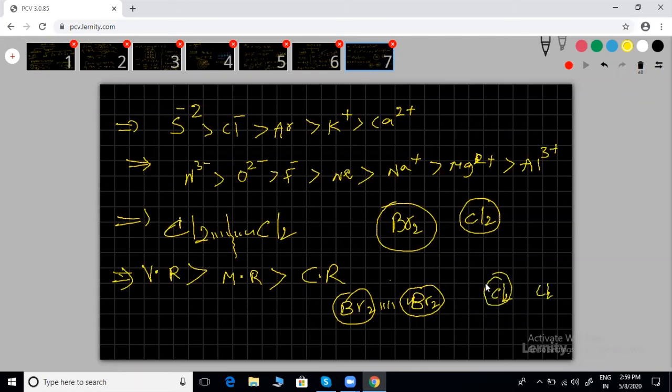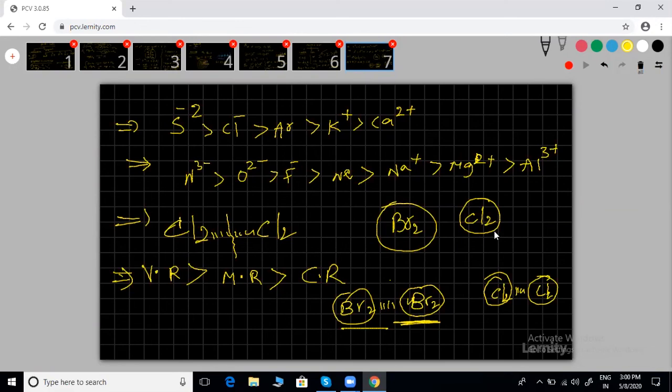This point is unnecessary with respect to radius, but still, which one has more attraction? Br2, Br2 has more van der Waals force of attraction. Higher the van der Waals force of attraction, the higher the boiling point. Br2 and Cl2, which has the higher boiling point? Br2, due to higher van der Waals force of attraction.